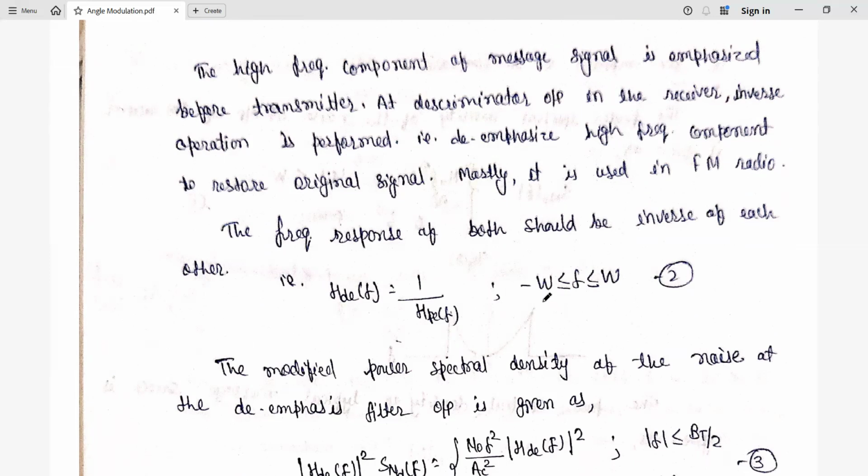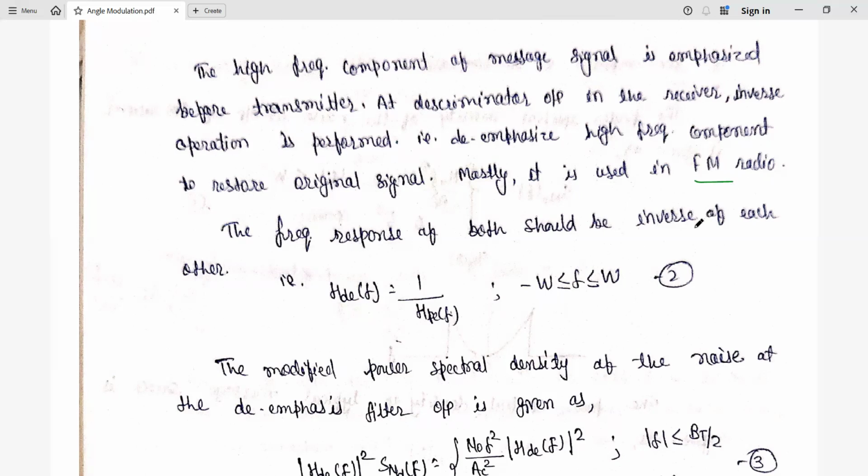What we do for pre-emphasis before modulation, the opposite of this operation is done on the receiver side to obtain the effect of de-emphasis at high frequency component, so that we can restore the original signal. It is used mostly in FM radio.